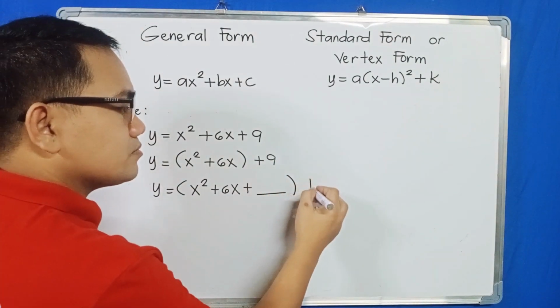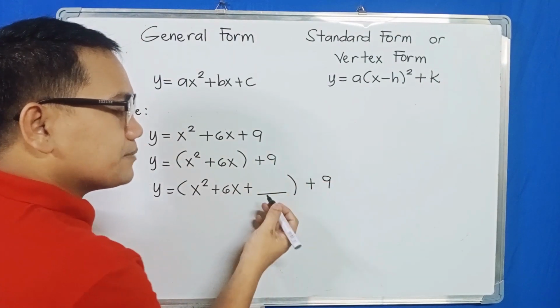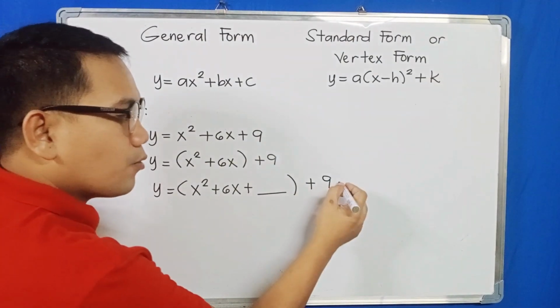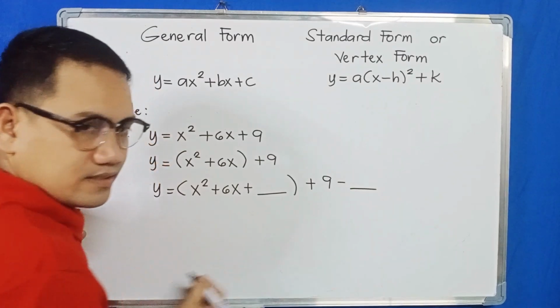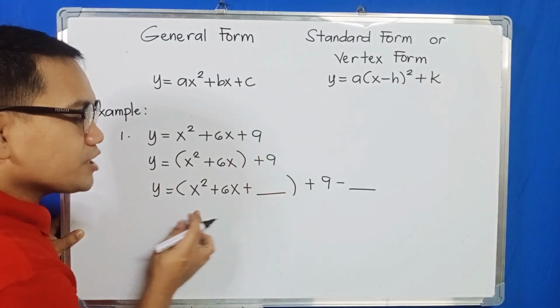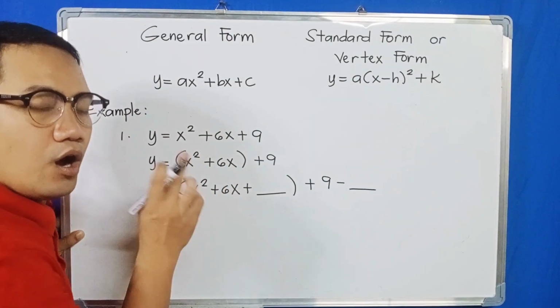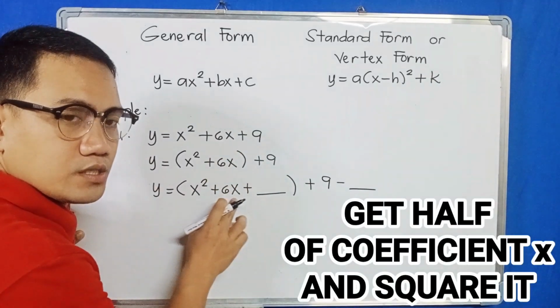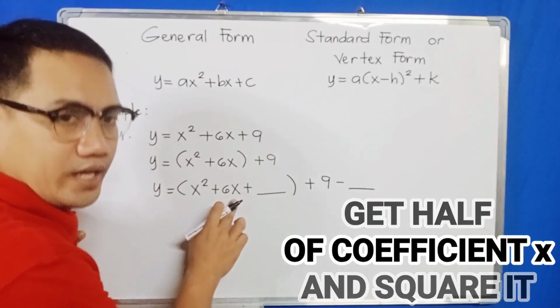And subtracting whatever the third term is from our given constant. So to make this expression a perfect square trinomial, all we need to do is to get half of the coefficient of x and square it.